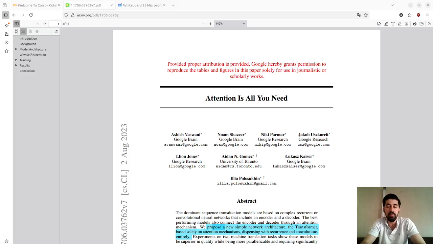Not only did it give us the GPT model later on, it inspired it, which gave us ChatGPT. It also gave us the VIT model later on, which we're gonna be diving into in future videos, that gave us later video generation, image generation.